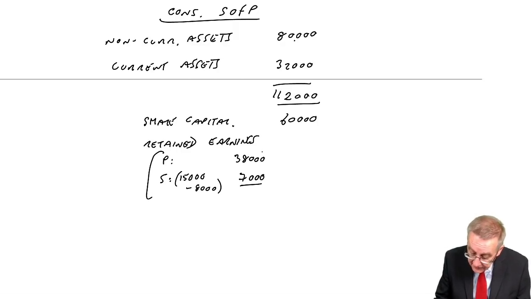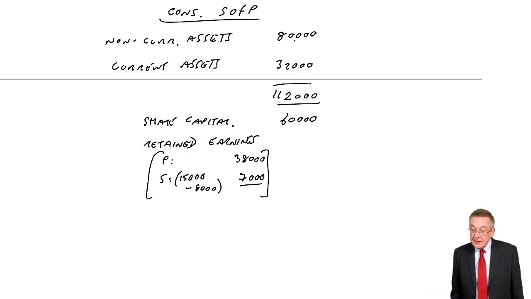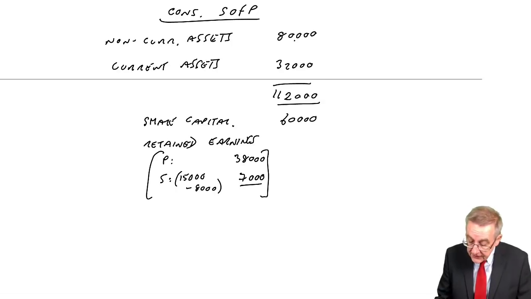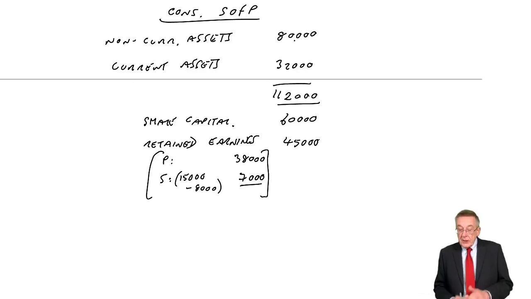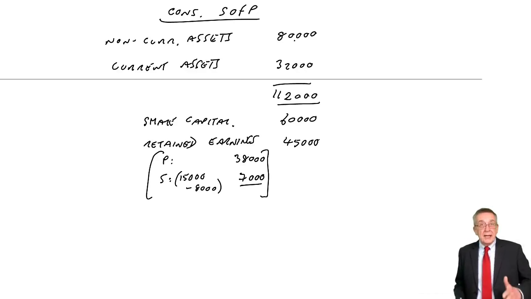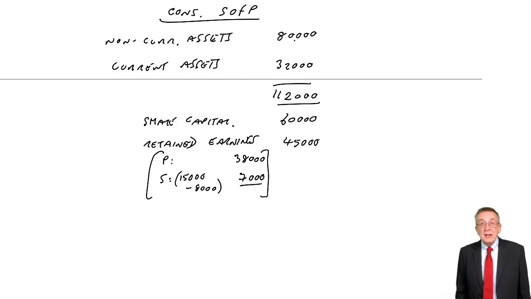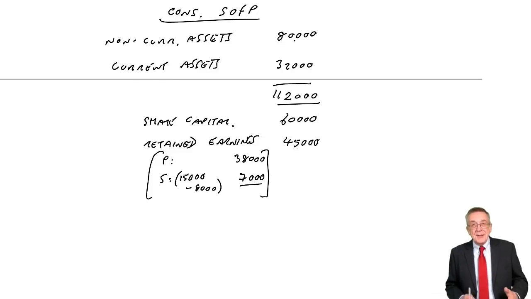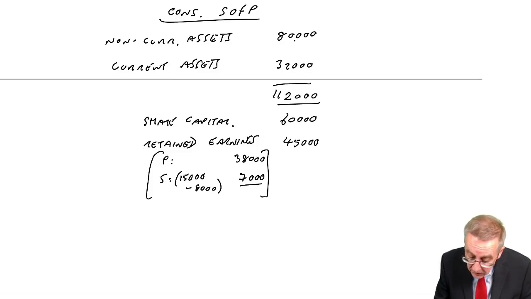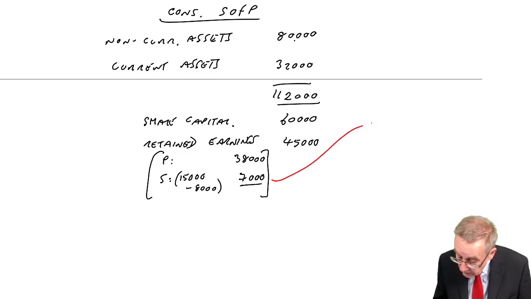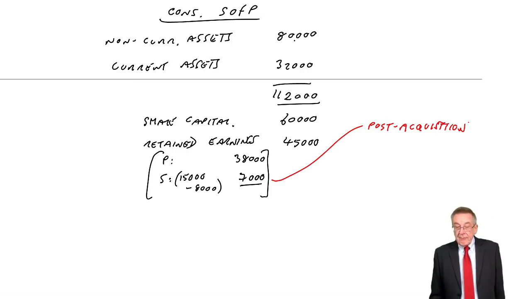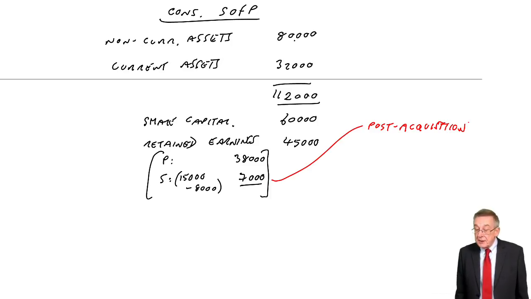Now, that's just workings, obviously. We don't actually show that on the statement. But the total retained earnings, 45,000. So to be clear, the retained earnings always are all of P's. But as far as the subsidiary is concerned, it's the earnings since the date of acquisition. And we call them post-acquisition retained earnings. Now again, we don't show the workings on the statement.